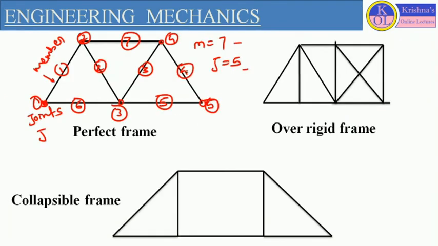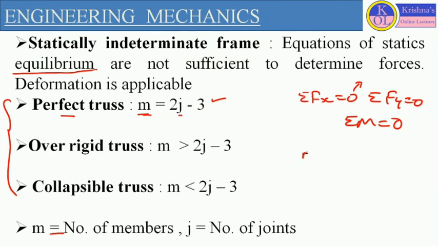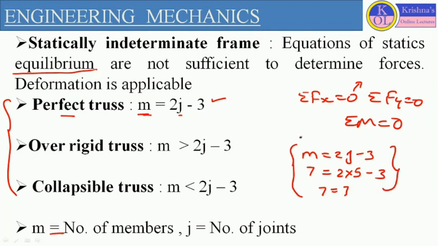In this diagram, we have 7 members and 5 joints. Using the equation m equals 2j minus 3, we have 7 members, and in place of j we put 5. So this equation gives 7 equals 7. Here LHS is equal to RHS, so the equation is satisfied. So this is called a perfect truss.